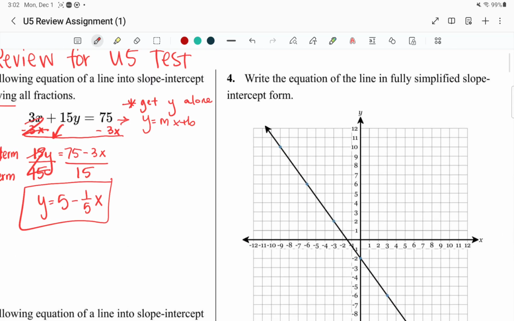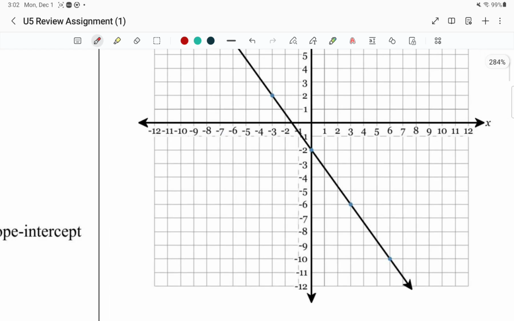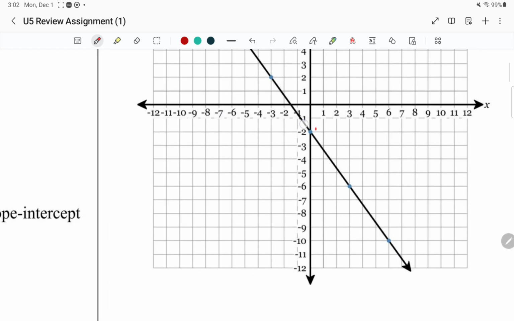Ooh, okay. The reverse. Instead of being given an equation and drawing your graph, you're given the graph, you have to write the equation. So start the same way. My y-intercept now is -2, so I'm just going to put a -2 right there, and then I see little dots. Yours will be in black and white, but you'll still be able to see them, I promise. Okay, here's my rise over run to get from one dot to the other.